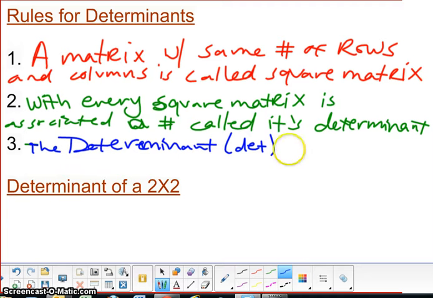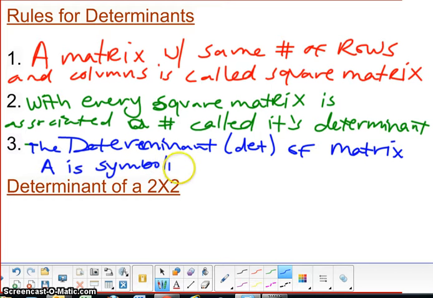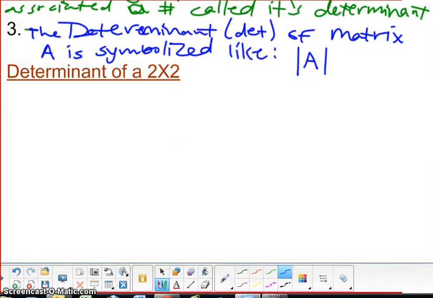The determinant of matrix A is symbolized like this. You'll have two bars on the side, and then the matrix will be inside. So you could have the 2 by 2 there, you could have the 3 by 3 inside where A is located. What you're going to need to know is how to define a determinant of a 2 by 2.